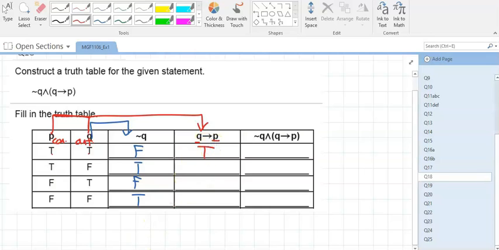That is a true answer. I go from false to true. That is true. I go from true to false. That's the false answer, because my antecedent is true and my consequent is then false. That's the false guy. And then I go from false to false.